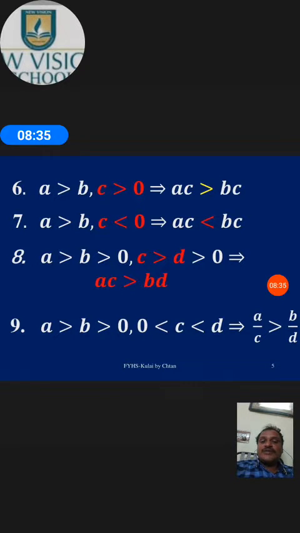Then a by c, because c is less than d, a by c greater than b by d. That you can easily observe, my dear students, by taking suitable numbers in the place of a, b, c, d, we can easily get that like this, right?